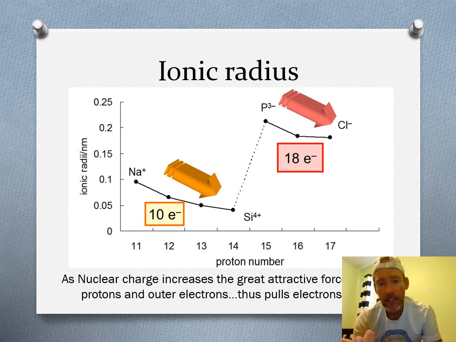Now, when you add electrons, you're causing the protons to work harder, which they can't. They're still the same number of protons, so the radius is actually going to increase compared to its atomic radius. Phosphorus has a smaller radius than the phosphorus ion, or phosphide.